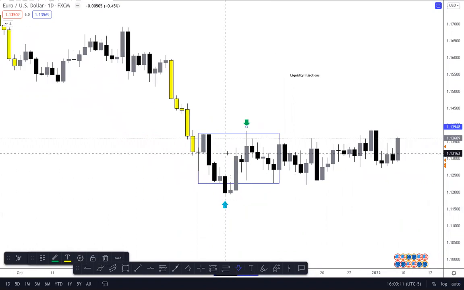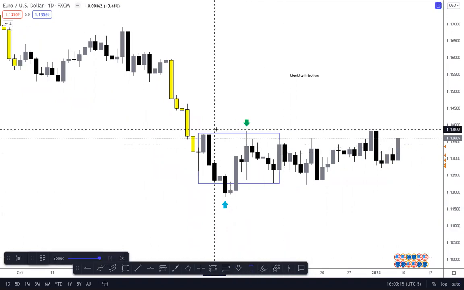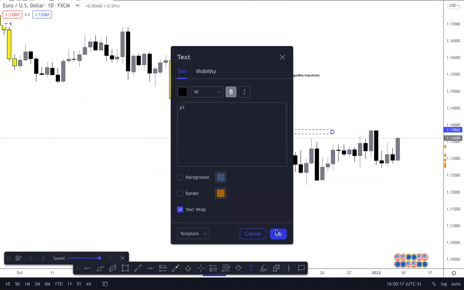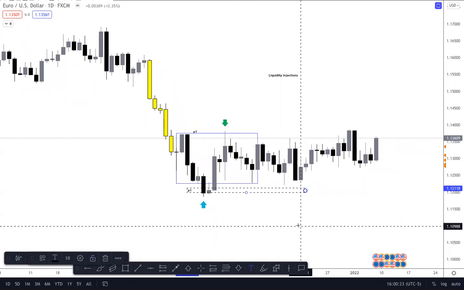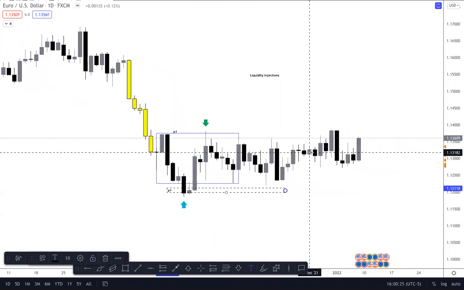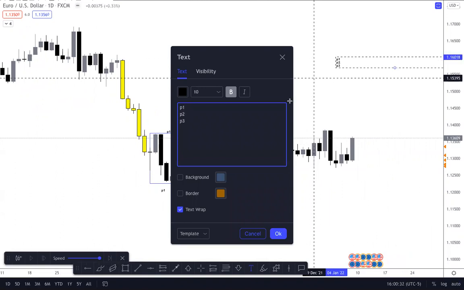We have to understand that once this box is formed, we have entered phase one of the injection box. How many phases are there within the injection box? We're going to go over that. There is phase one, phase two, and phase three.